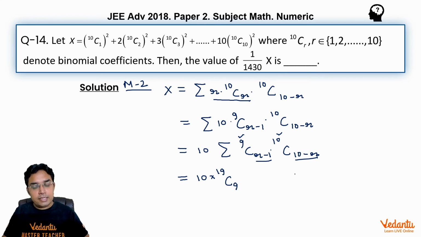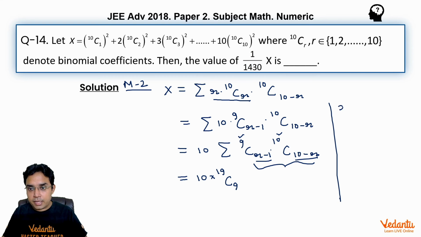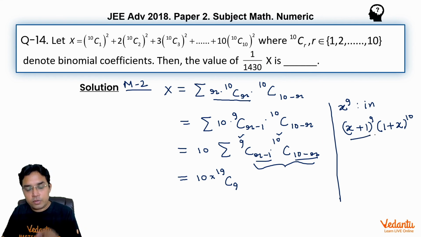In fact, this can be seen as, please understand, the coefficient of x raised to the power 9 in (x plus 1) raised to the power 9 into (1 plus x) raised to the power 10. If you expand (x plus 1) to the power 9, you will get 10 terms.